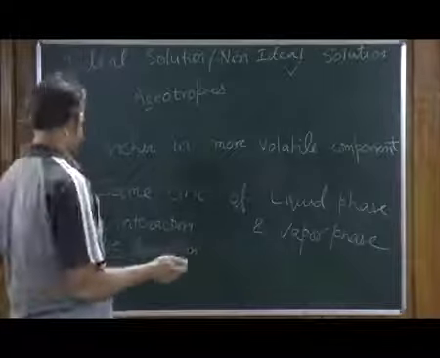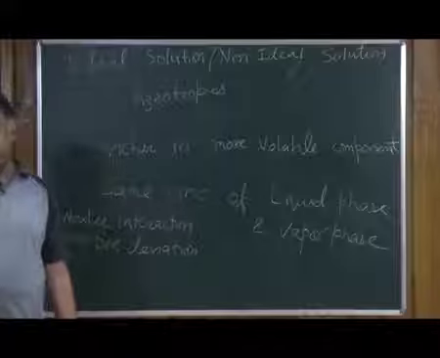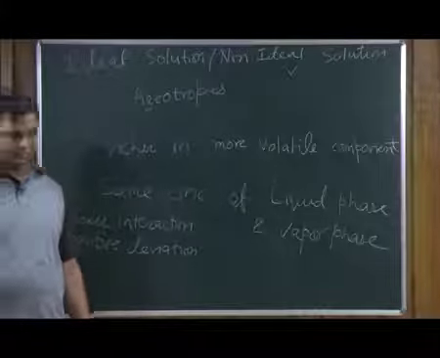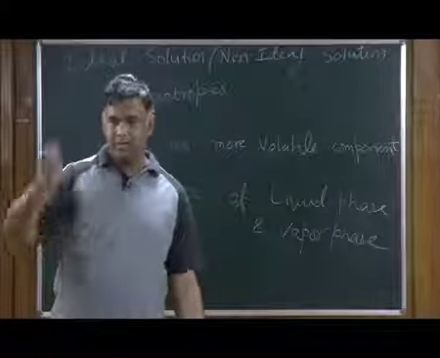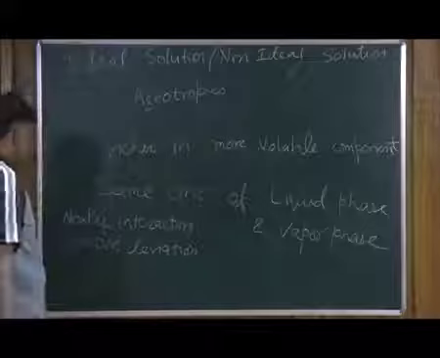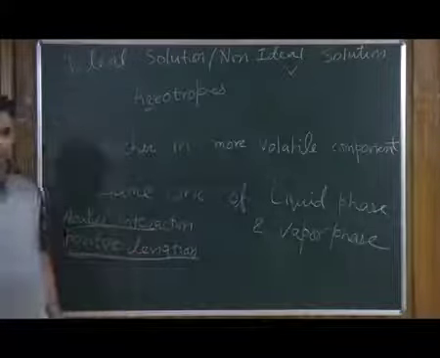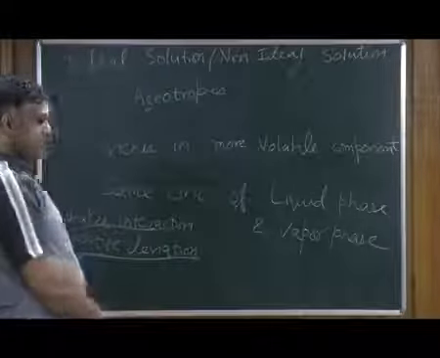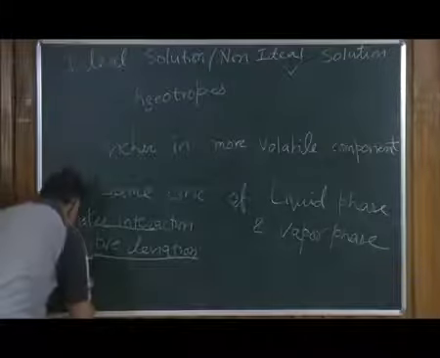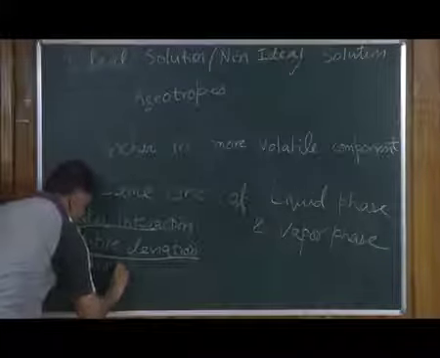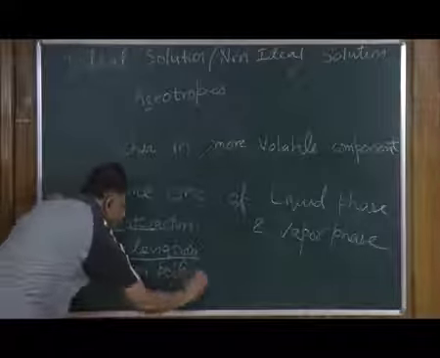We know the higher the vapor pressure, the lower the boiling point. Higher vapor pressure means more volatile component, and more volatile means lower boiling point. So, in this case, weaker interaction, positive deviation, that means higher vapor pressure than calculated by Raoult's law, and it will lead to minimum boiling azeotrope.